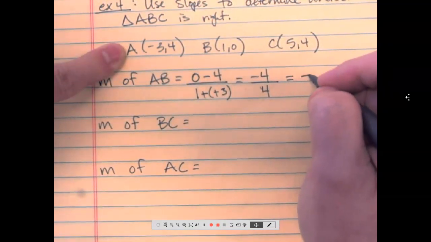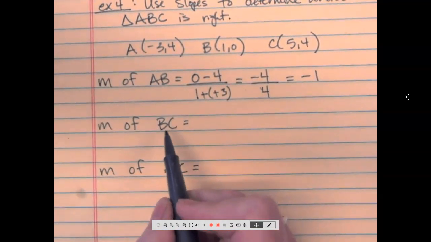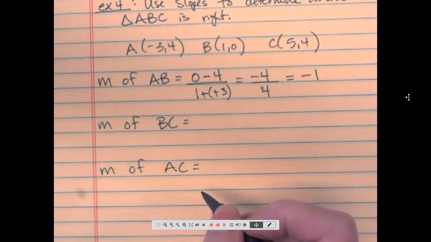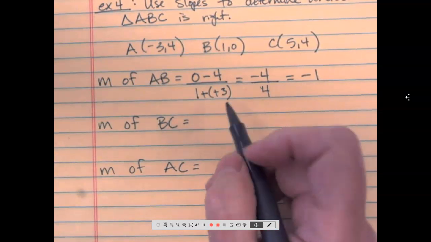And that's a slope of negative 1. Okay? All right, you do BC and AC. I'm also going to do them, but I won't talk through them, so I won't interrupt you. And then we'll all come back and compare.